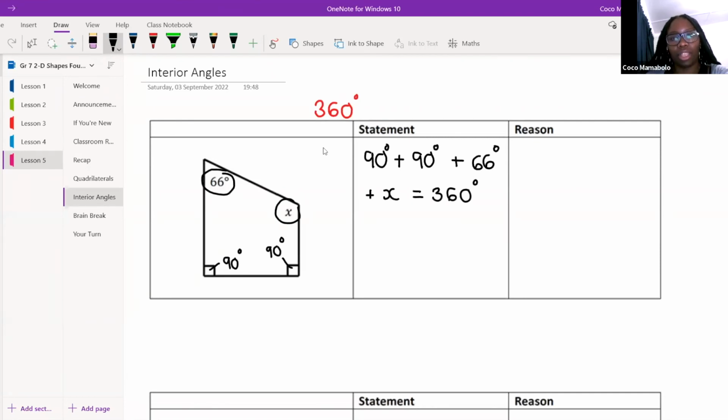My reason is going to be the interior angles of a quadrilateral.